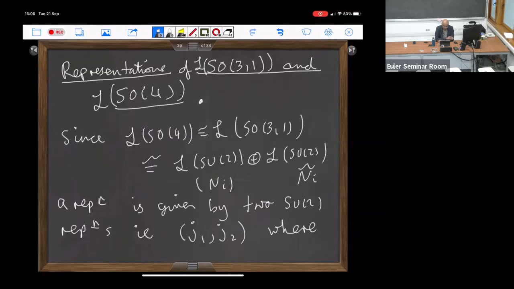Because the Lie algebras are isomorphic, their representations are isomorphic. They have different physical meaning because the Lorentz group is non-compact, whereas SO4 is compact.